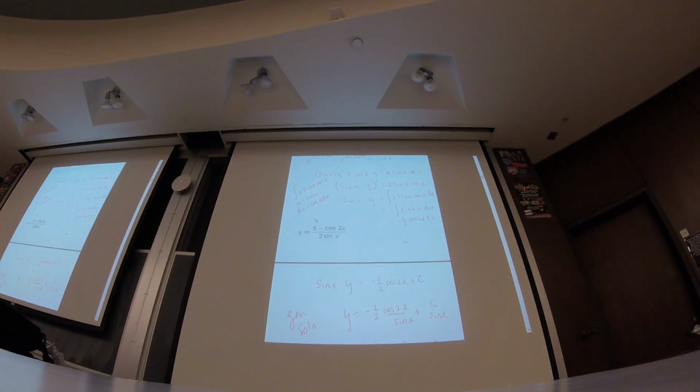Double angle formulas. For sine 2x is 2 sine x cosine x. For cosine 2x, there are 3 formulas. Cosine squared minus sine squared, 2 cosine squared minus 1, 1 minus 2 sine squared.